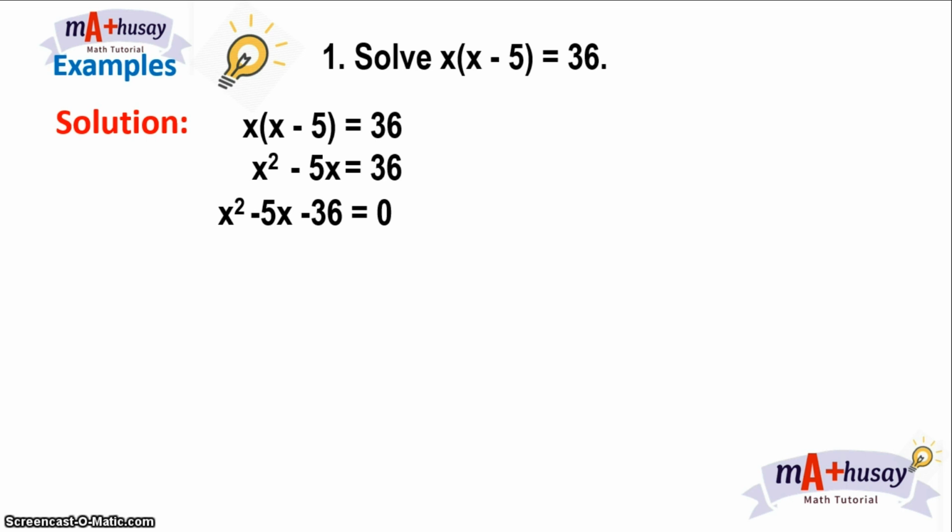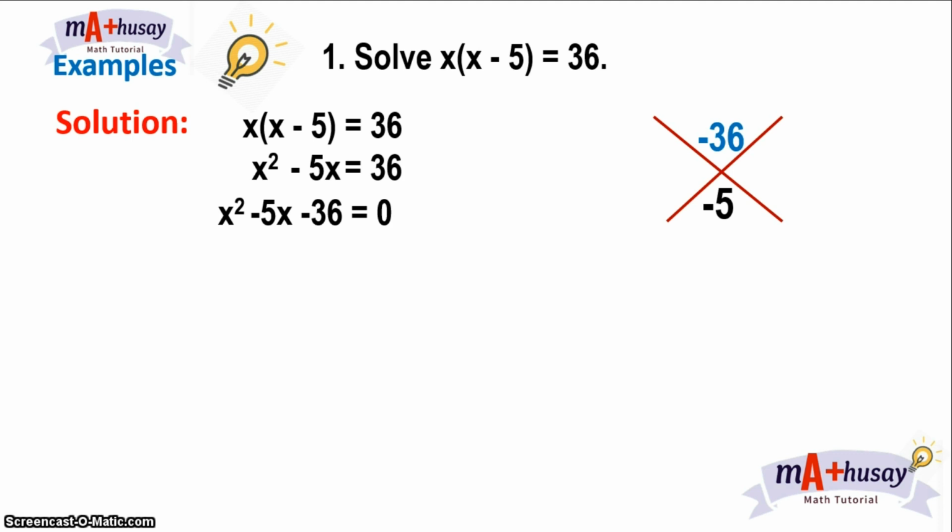As you can see, this quadratic equation can be solved by factoring. So we will now think of the factors of negative 36, and then when you add these factors, you will get negative 5. So ano-ano ba ang factors ng negative 36 na kapag in-add natin yung dalawang factors na yon, magbibigay sa iyo ng negative 5.